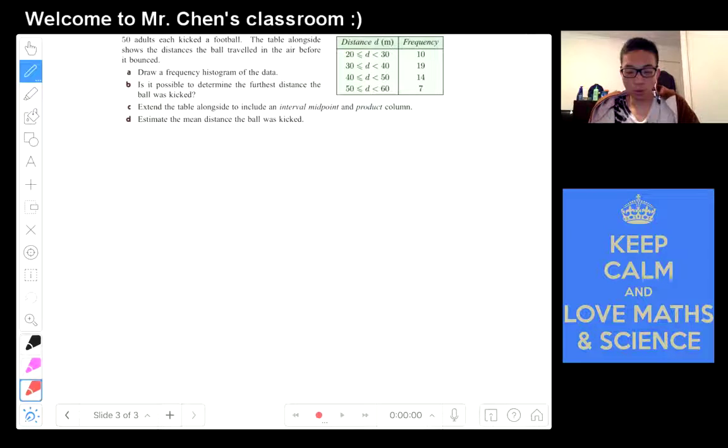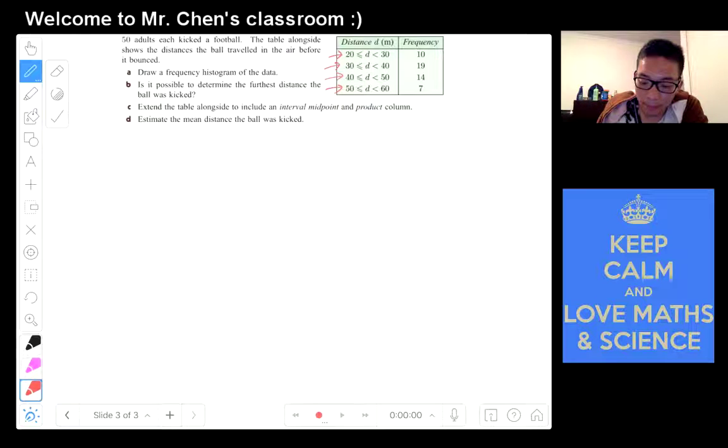So we have that 4 groups of data. We have distance, obviously how far the ball has been kicked, and also frequency, which is how many adults out of that 50 actually kick into those categories.